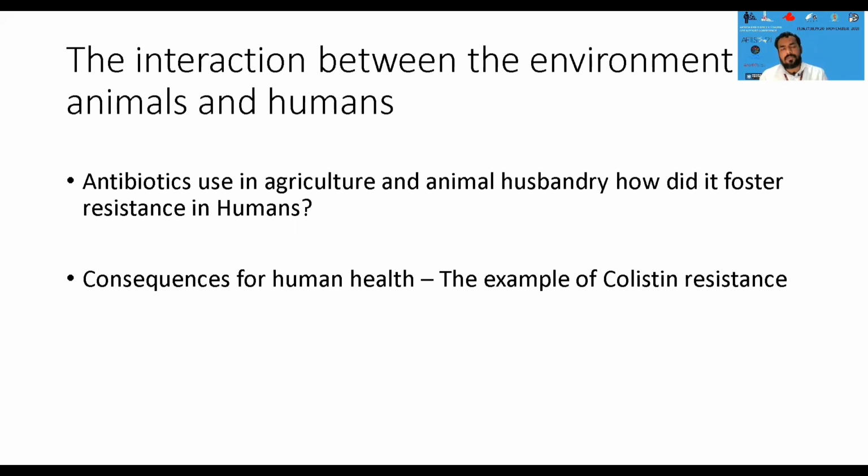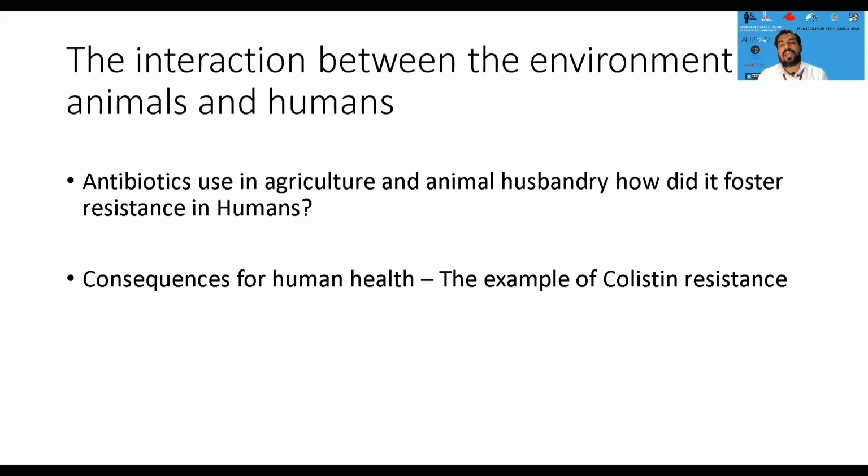Another example which I want to tell, to put forth the point that antibiotic use in agriculture and animal husbandry is fostering resistance in humans, is the classical resistance to colistin.